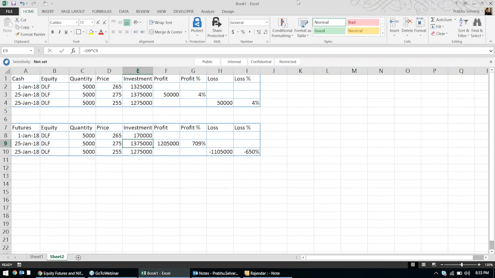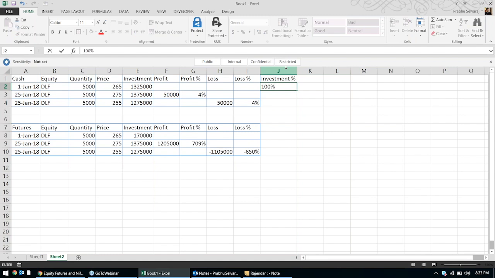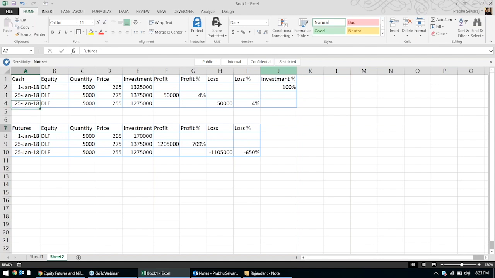So what is my investment percentage? I have 13 lakh. In the cash market I'm investing 100%, my entire money, into the market, and I'm making a profit of 4% on my investment.